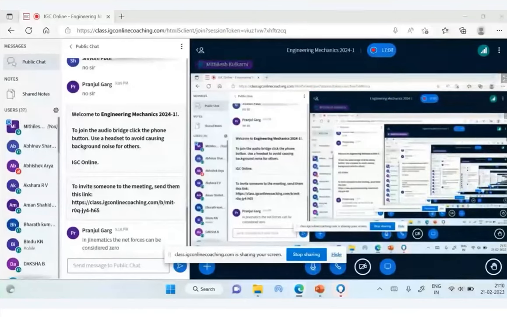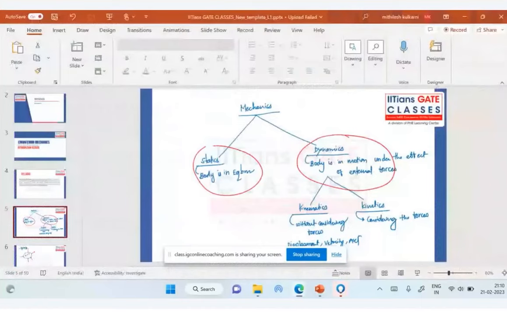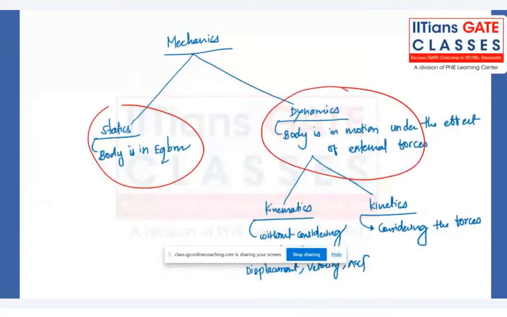In kinematics we'll focus on properties such as velocity, acceleration, displacement. We'll talk only about the motions there, not the forces, the work done by the force, or the impulse created by a force. All these things we will not study there. Here we'll talk about the velocity.